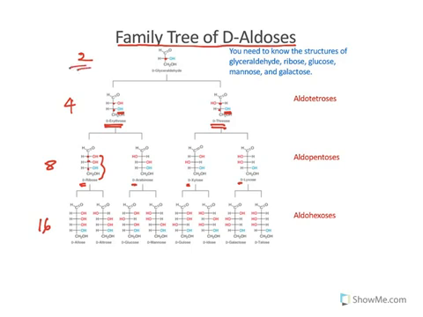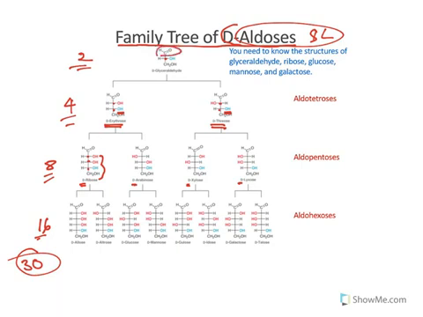So taking the total, what we are showing here represents a total of 30 aldoses, both the D and the L. So there's a total of 30 sugar molecules that have the aldehyde functional group.